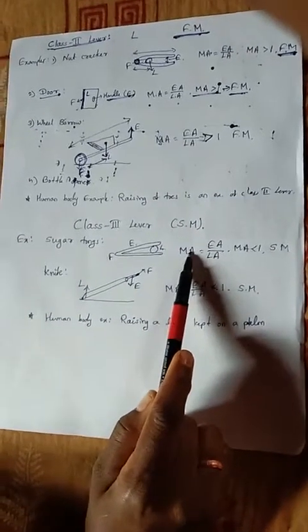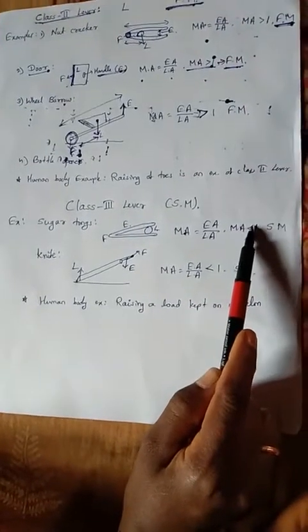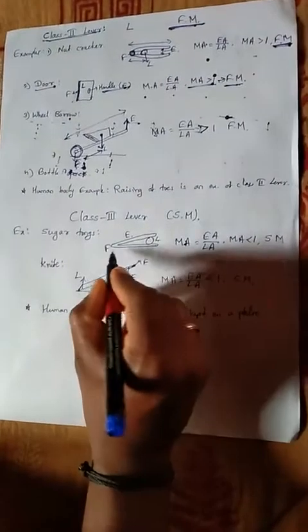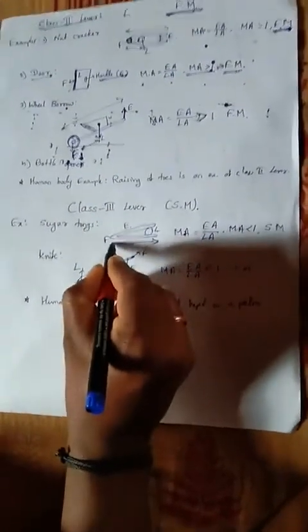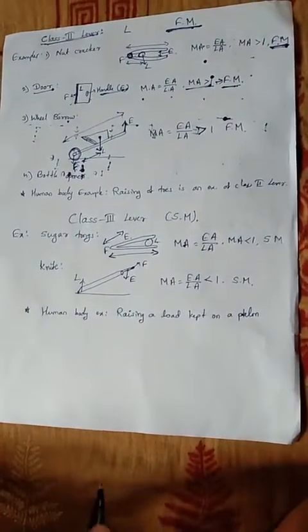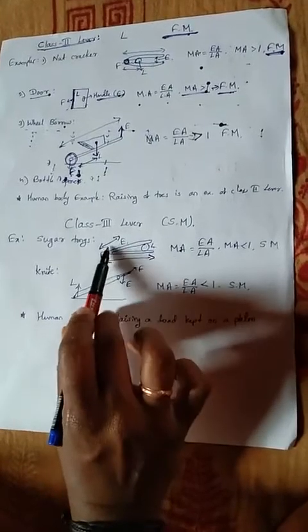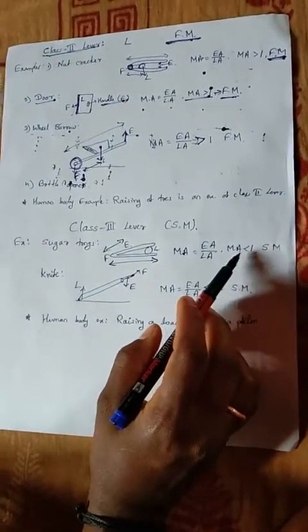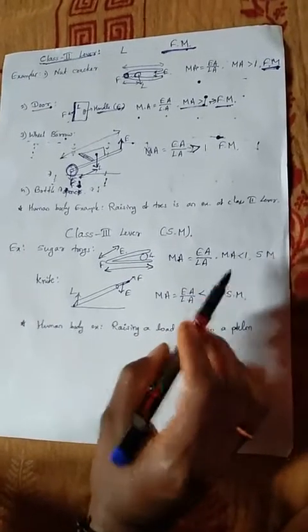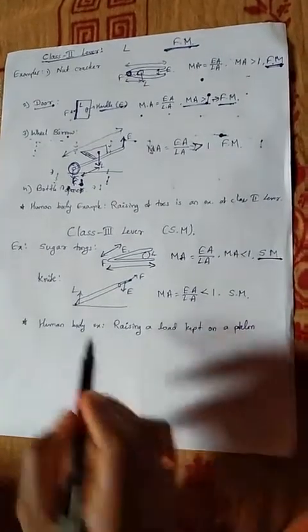The mechanical advantage formula is the same, effort arm by load arm, and the mechanical advantage is less than 1, because here the load arm is greater than the effort arm. If the load arm is greater than the effort arm, we get a mechanical advantage less than 1, and then it acts as a speed multiplier. SM refers to speed multiplier.